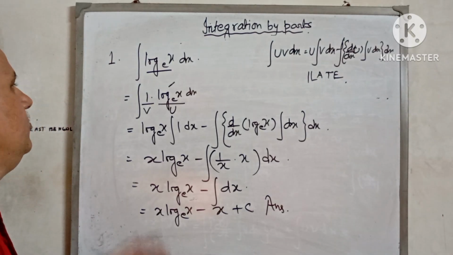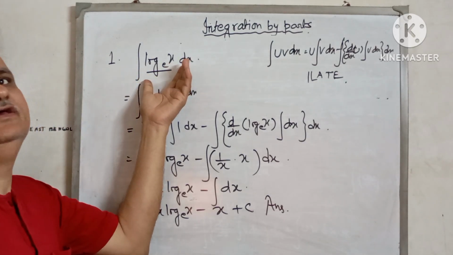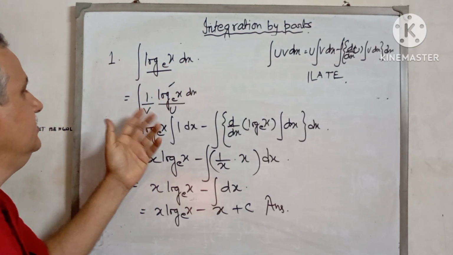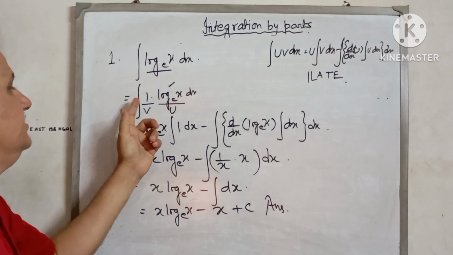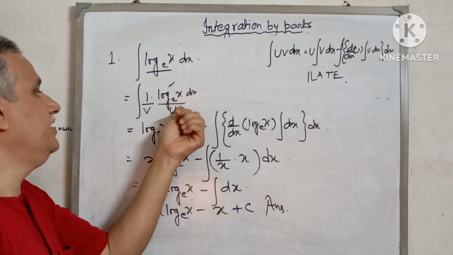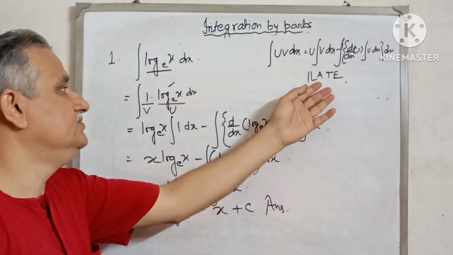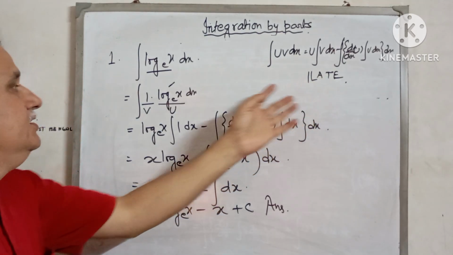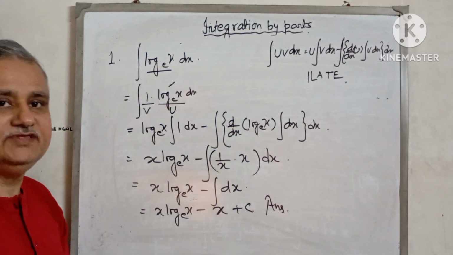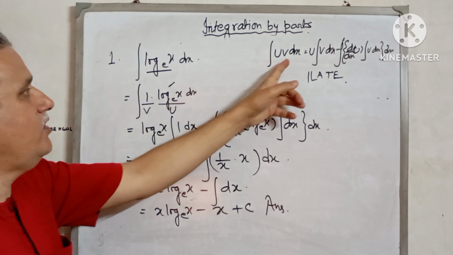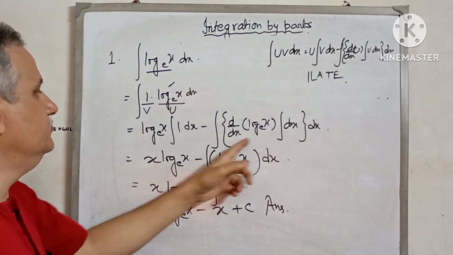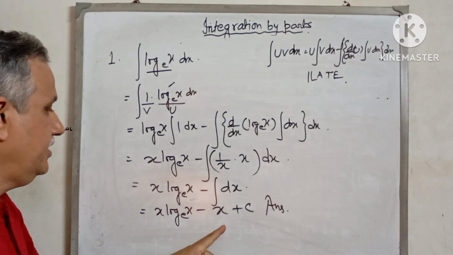So integration of log x looks like a single function, but actually we multiplied it by 1, taking log x as the u function and 1 as the v function by using the ILATE rule. Since logarithm comes before algebra, we take log x as the first function. Applying this rule, we get the answer.